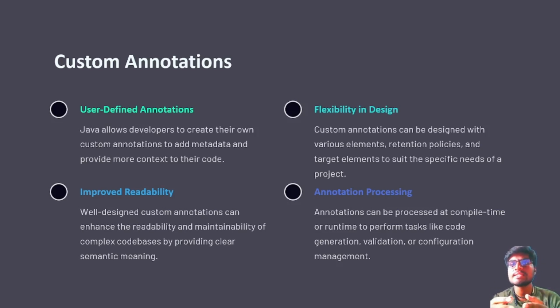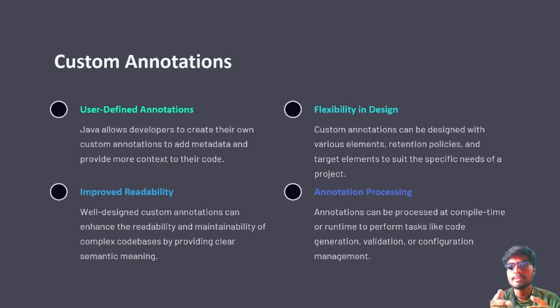If you are giving a string method like name, then you have to provide a default value. Initially the default value will be my own annotation or my first annotation: default, space, and with double quotes you write my first annotation. Then it will take the same data when you are using this annotation.